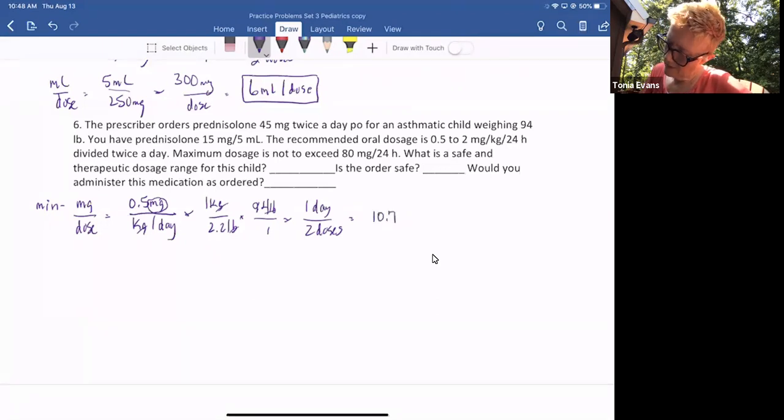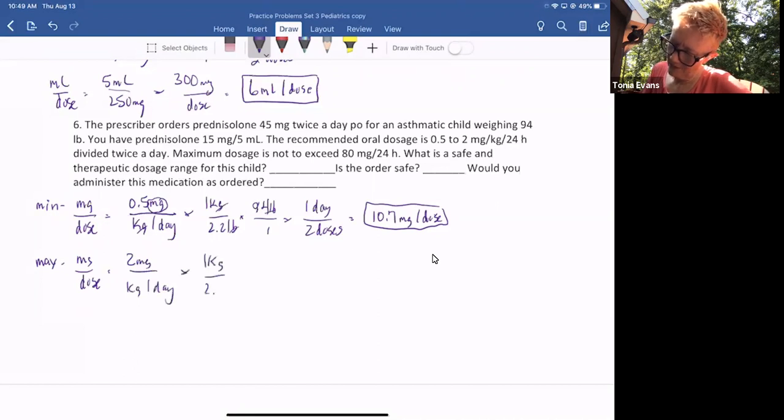10.7 milligrams per dose. Max is 2 milligrams per kilogram per day. Everything else remains the same.